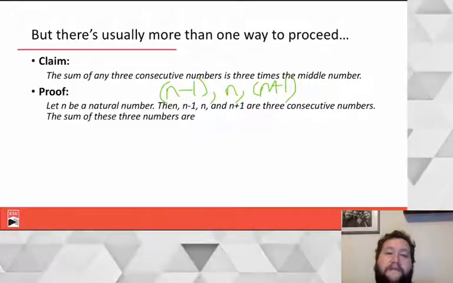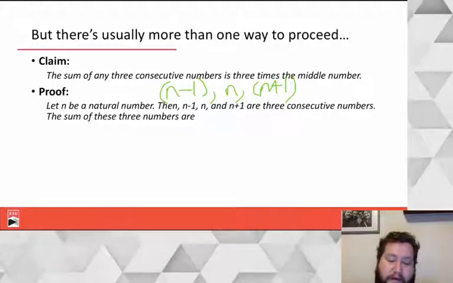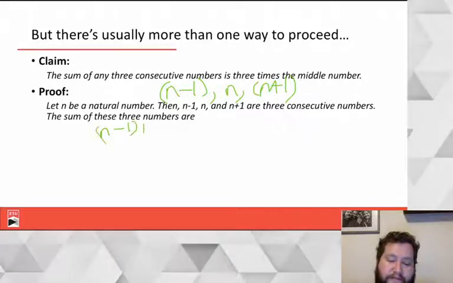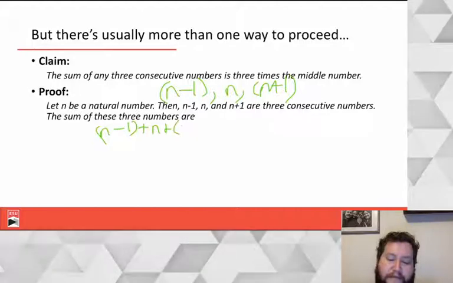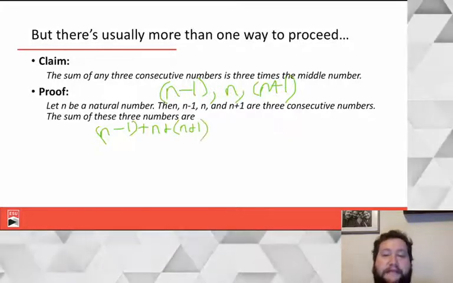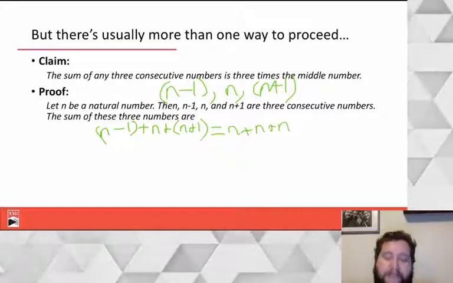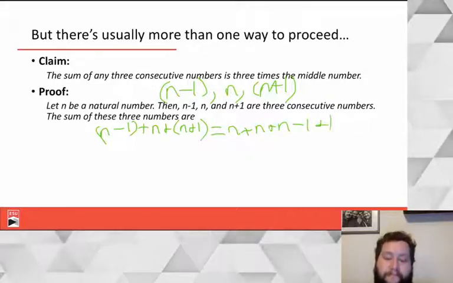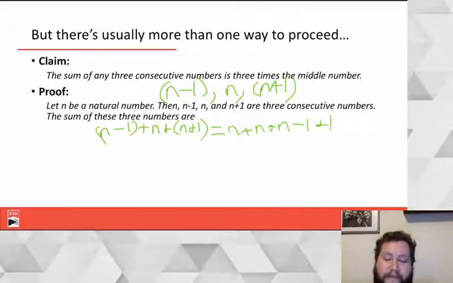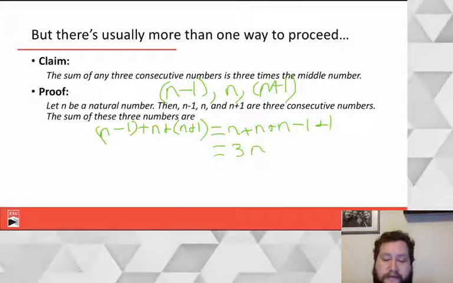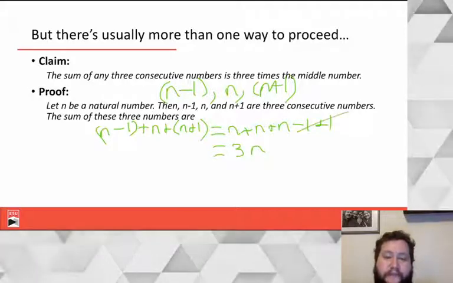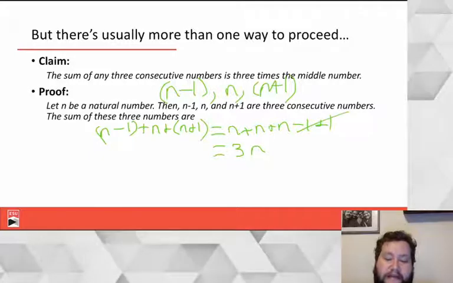So the sum of these three numbers is n minus 1, and I'm going to put parentheses around them just to start, plus n plus n plus 1. Well, that's the same as, I'm going to put all the n's together and all the other ones, so n plus n plus n. We have a minus 1 and a plus 1. Well, that's 3n, and negative 1 and plus 1 are 0, so they cancel. And now, just like we did last time, what's our n?